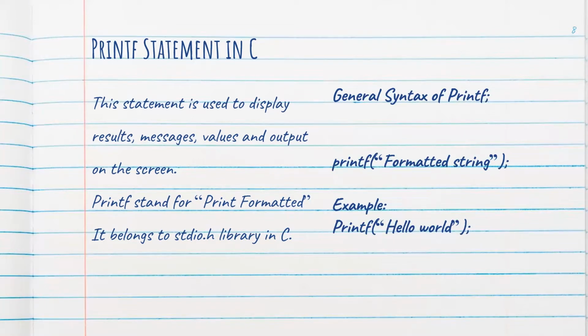It can contain format specifiers through which you can print the values of variables. After writing the formatted string, you close the inverted commas, close the parenthesis, and end the statement with a statement terminator. The example mentioned here is discussed in the first program, which is printf hello world.